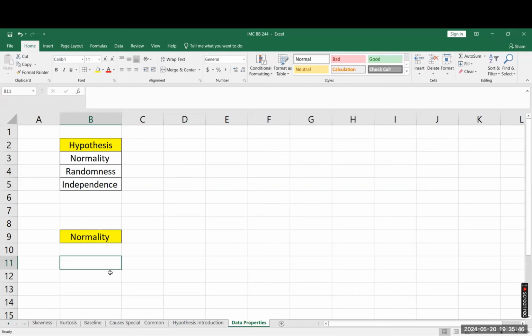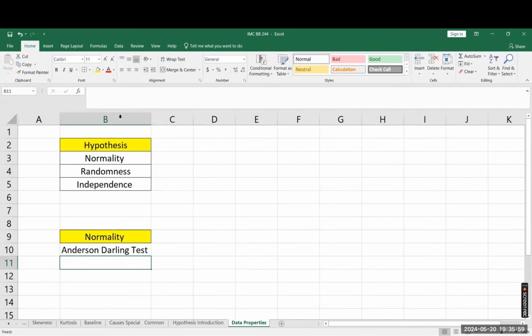The normality check we do based on the AD test or Anderson-Darling test. There were two statisticians, Anderson and Darling, and they discovered these statistics. And that is called the Anderson-Darling test.